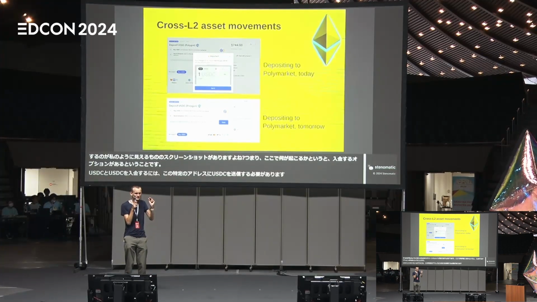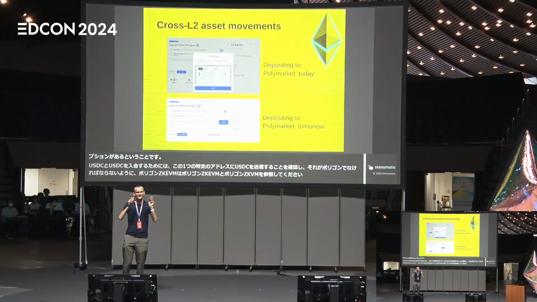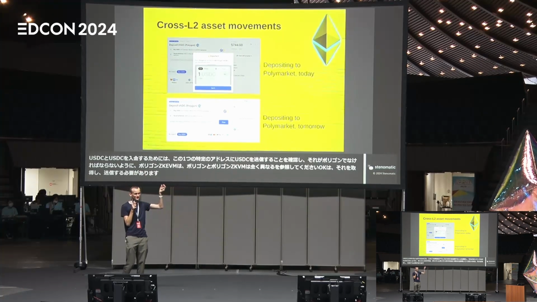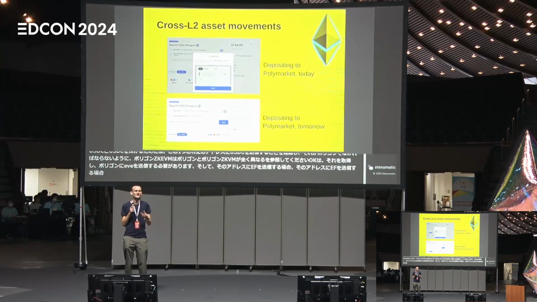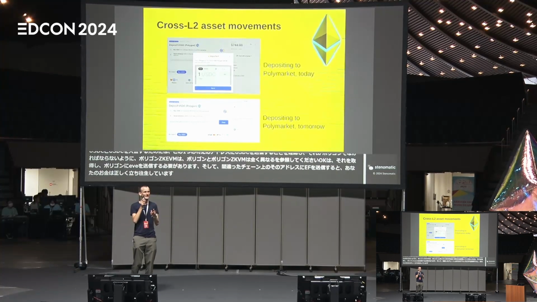And it has to be Polygon. It cannot be Polygon ZK EVM. See, Polygon and Polygon ZK EVM are totally different, okay? Got it? And you have to send ETH to Polygon. And then if you send ETH to that address on the wrong chain, then your money is stuck, right? So this is where we are right now.